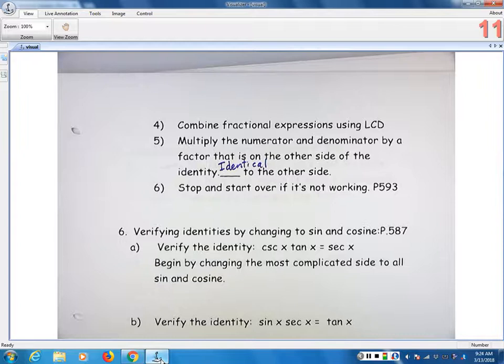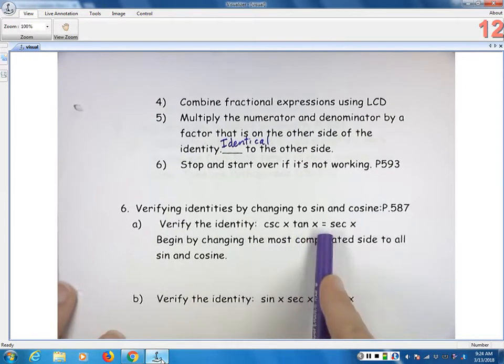But I'm going to go ahead and work these out. Let's see, we're on 6. Verify the identity: cosecant x tangent x equals secant x.